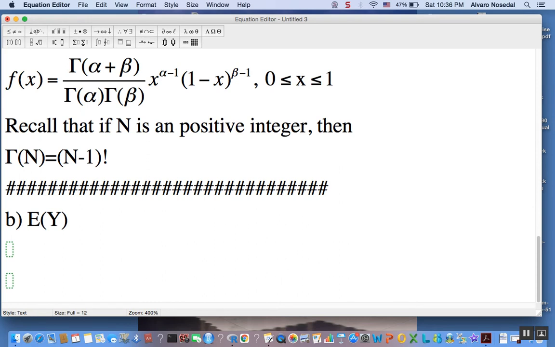Again, first let's do it by hand, and then we're going to do it using R.